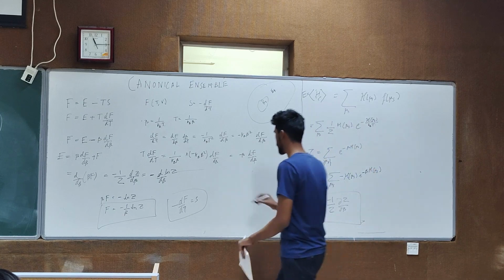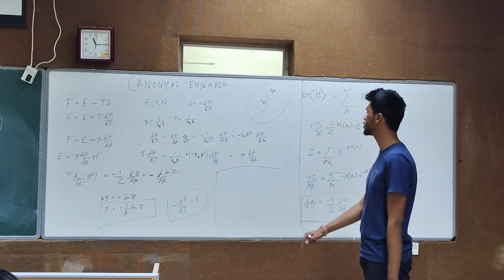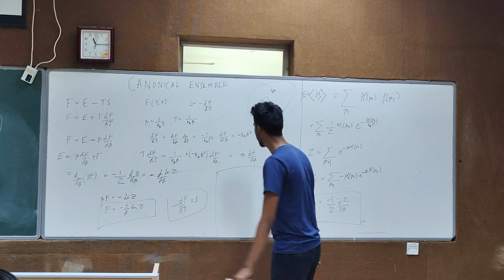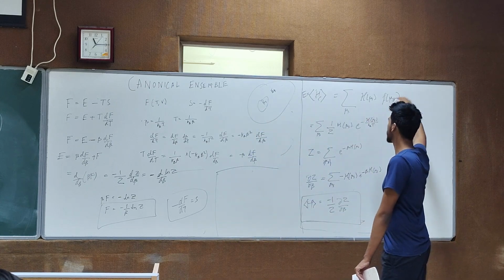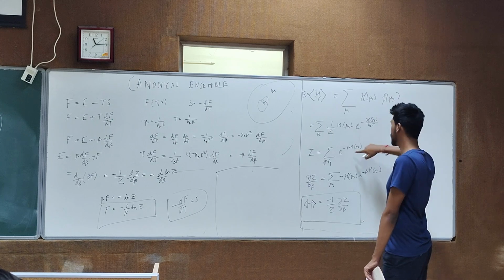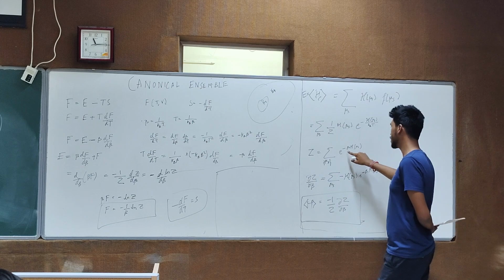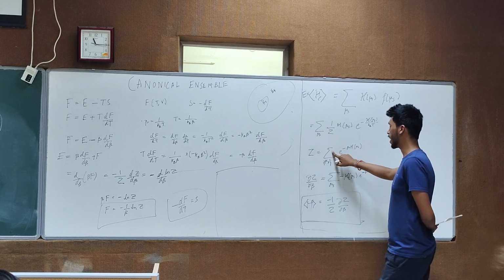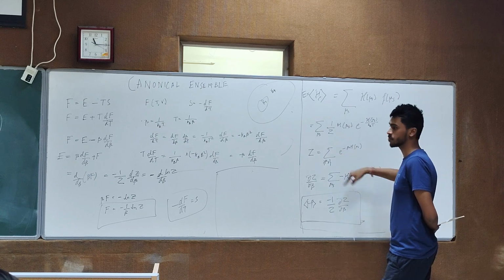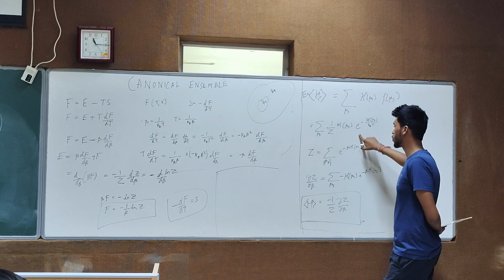I should also say that I had once told you about moments. You can find moments of H of s by taking derivatives. If you take the second derivative of Z with respect to beta, you will get an H of s squared term and a term with just H of s.